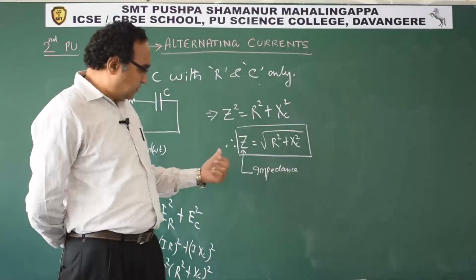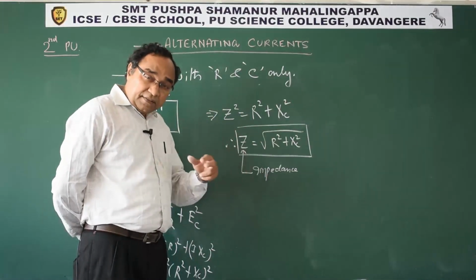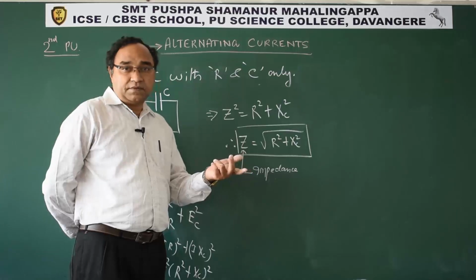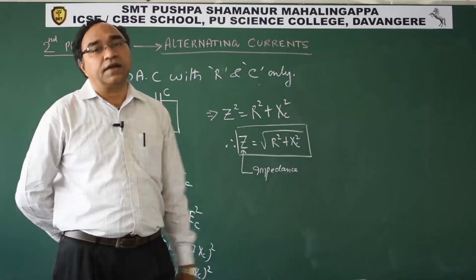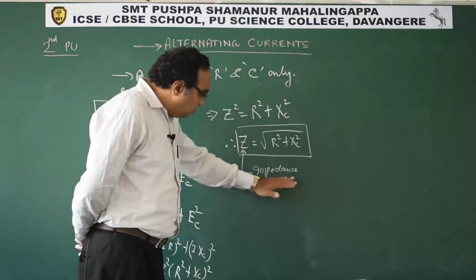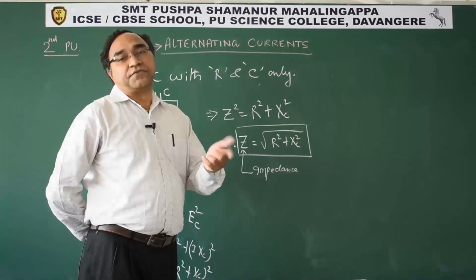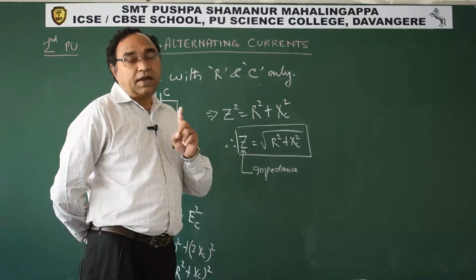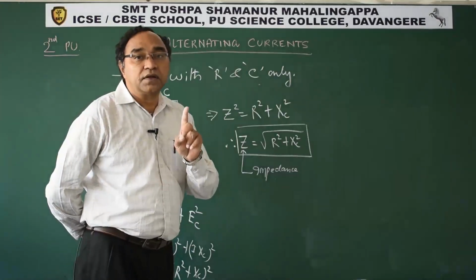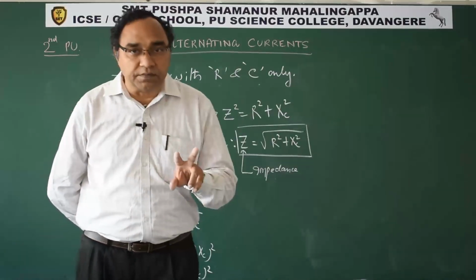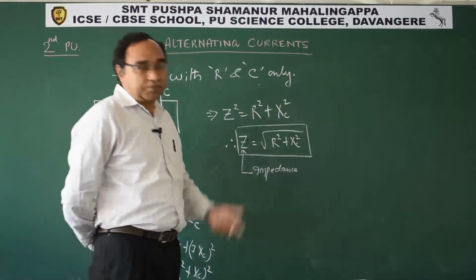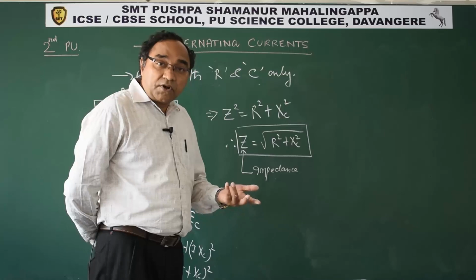Now this is impedance. See, we didn't write capacitive impedance, we didn't write inductive impedance. There is a meaning. Why don't we write like that? Impedance is net resistance, and net cannot be of a single term. Net will have minimum 2 terms. It can be more than that.